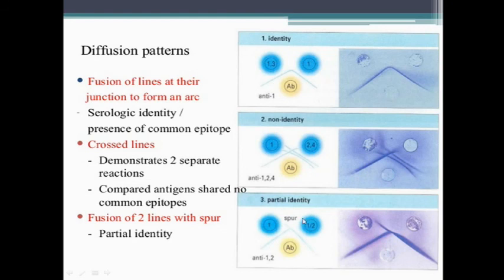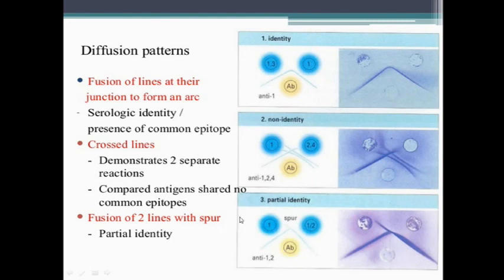Partially identical means one or more epitopes are similar in these two antigen samples. So after the precipitation we get the fusion of two lines with a spur.